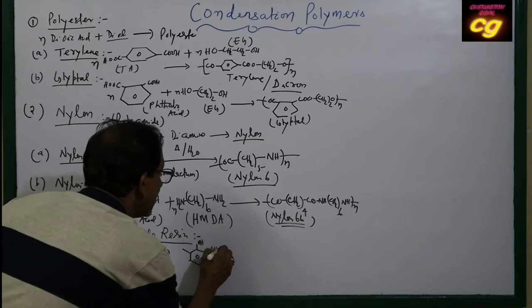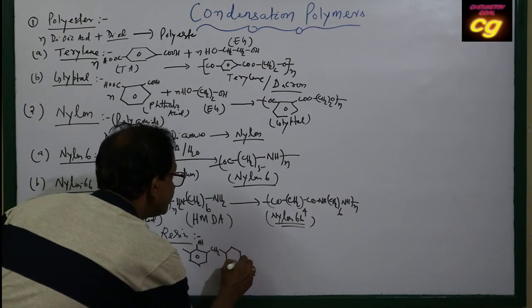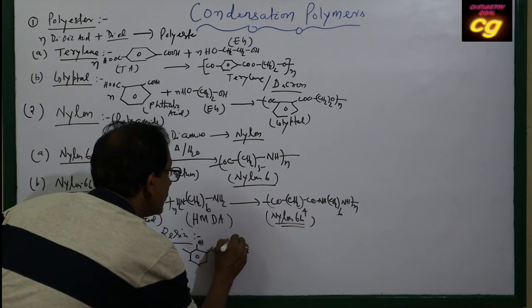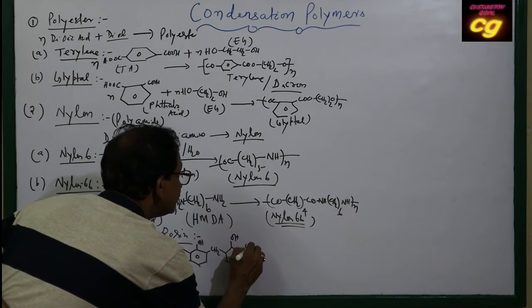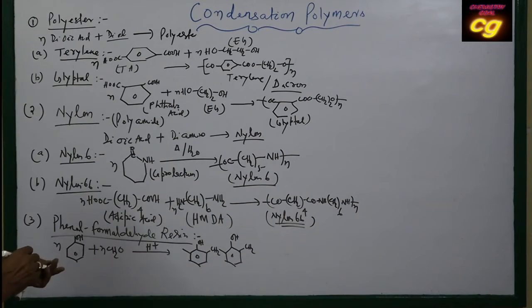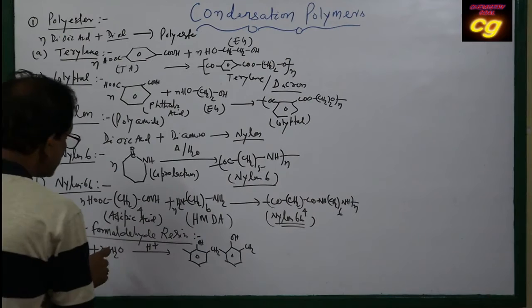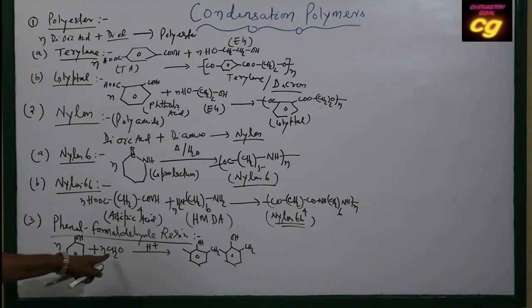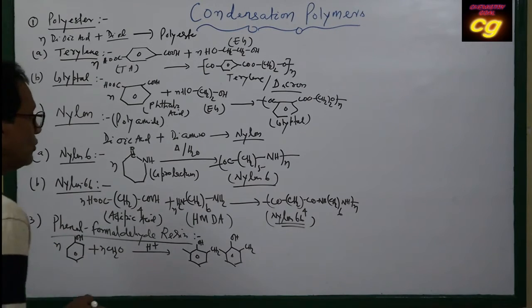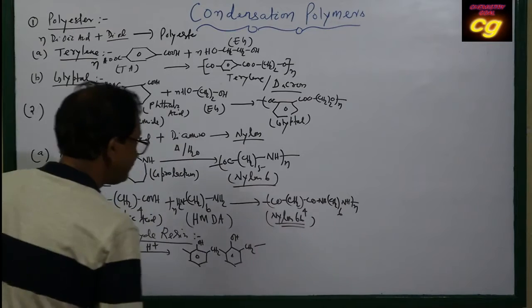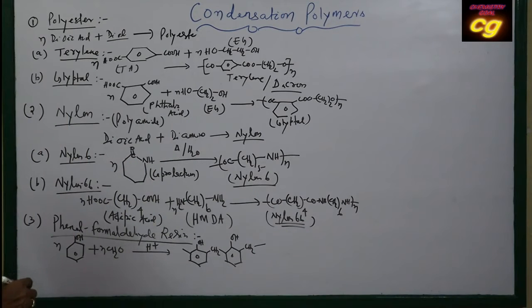Similarly another molecule comes like this, OH, then CH2. CH2O is your formaldehyde. It extends in both directions.